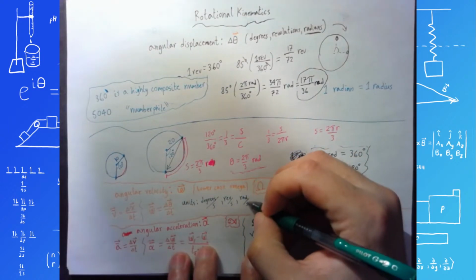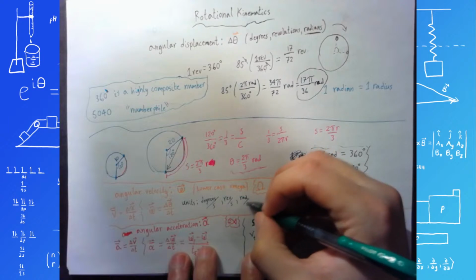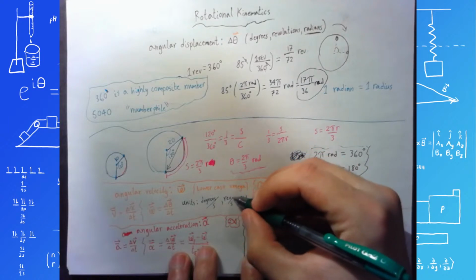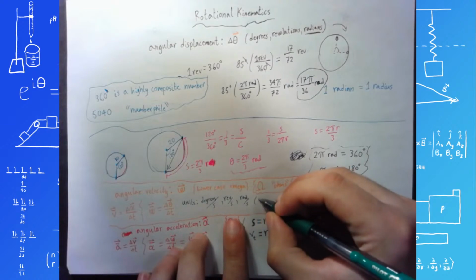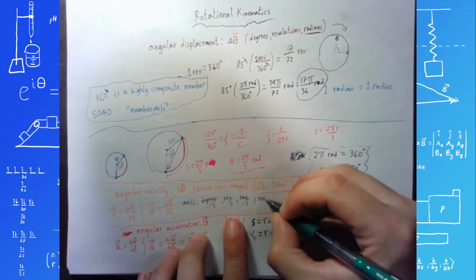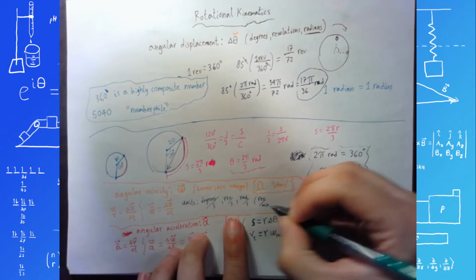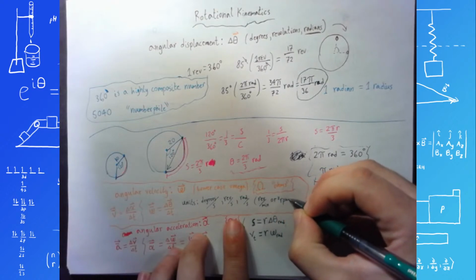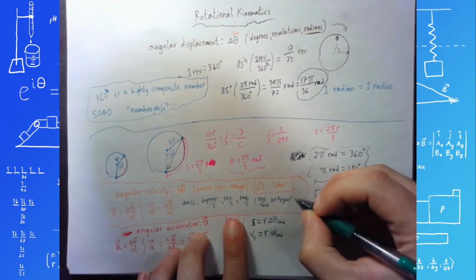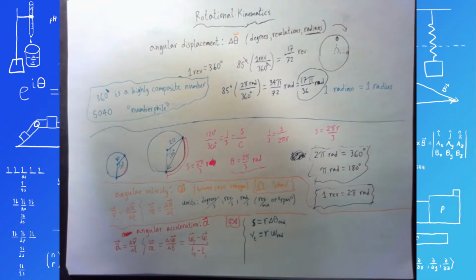And of course, you could also have per minute or whatever, but per second is the default. Revolutions per minute, or RPM, is also a common unit that you will see in book problems.